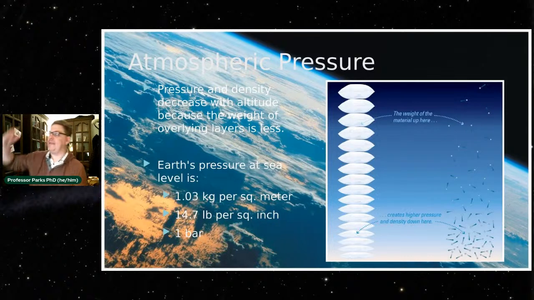In addition to that, you have the weight of the upper atmosphere on the lower atmosphere. As you move upwards away from the Earth, you have less mass above the stuff below, and so that's going to create a smaller gravitational pressure than you experience down here.